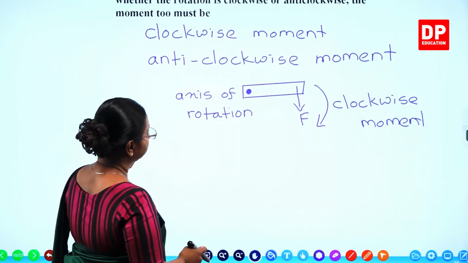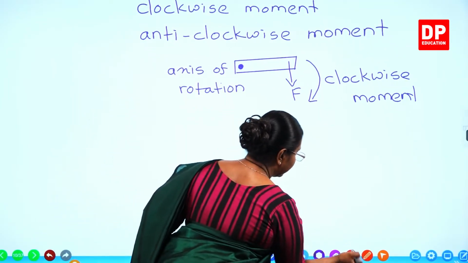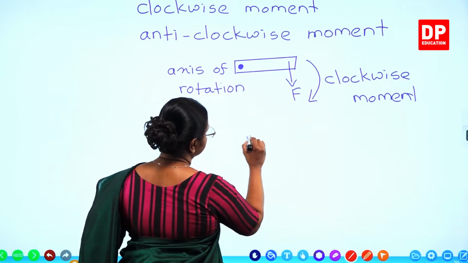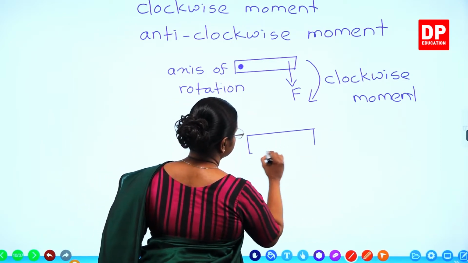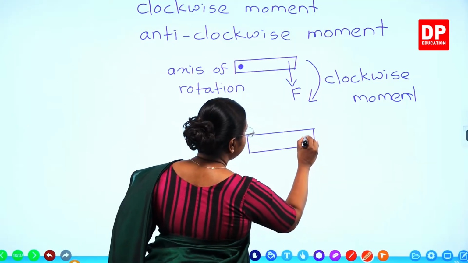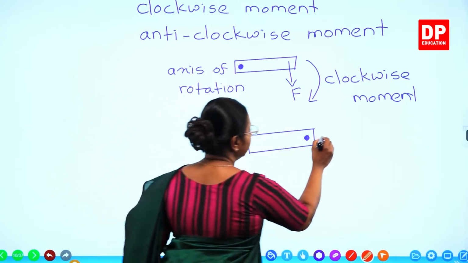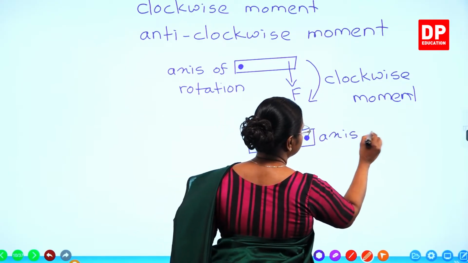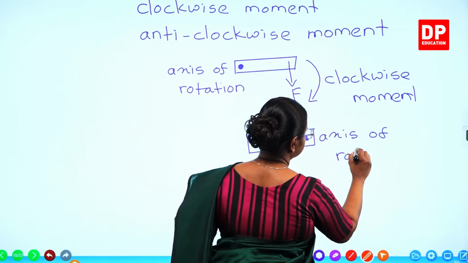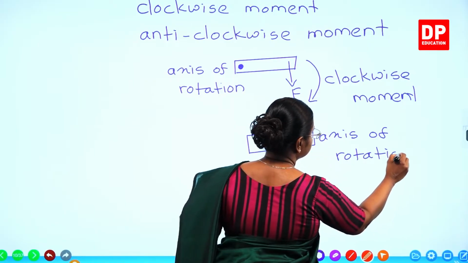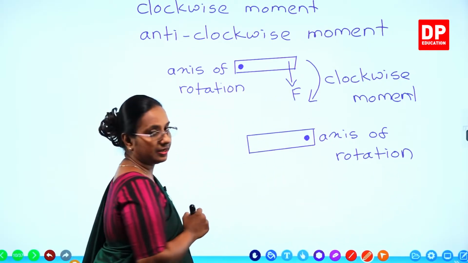The same way, the same plank, we fix the screw on this side. So here the axis of rotation is that.